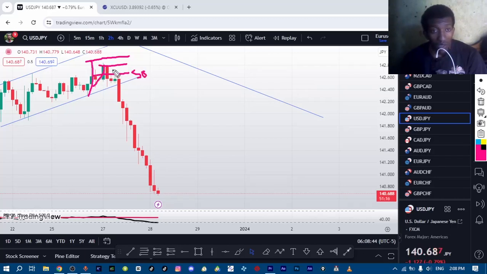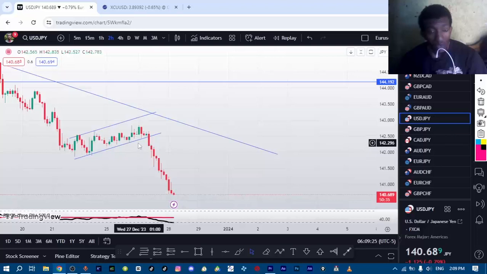So that is where you sell. When the price is down below the 50%, that's where you buy. If it is above, that's where you sell, right? So the price went above, and you measure from that to this one, and it hits the 71% retracement, and then we got our TP3 right there.